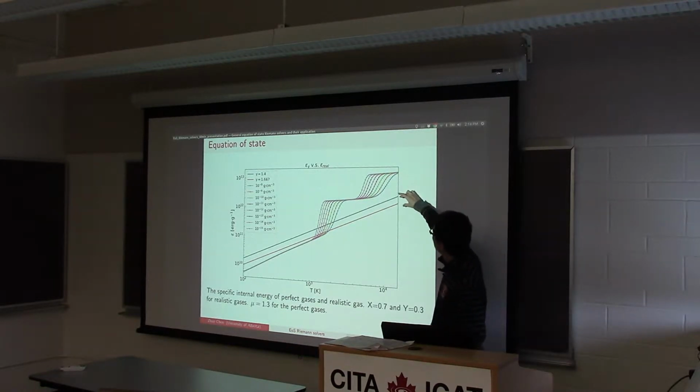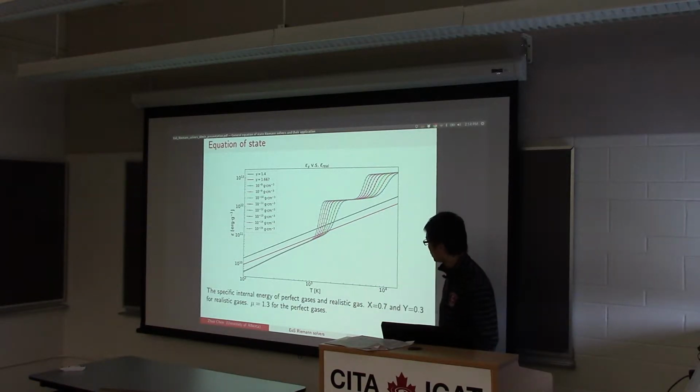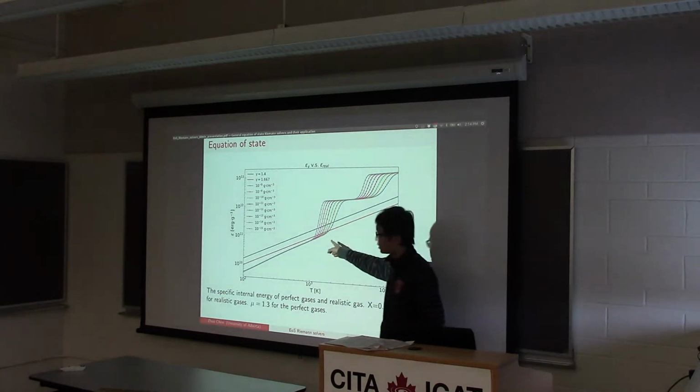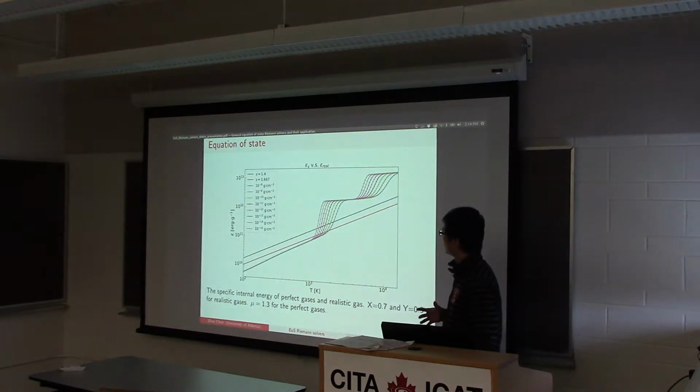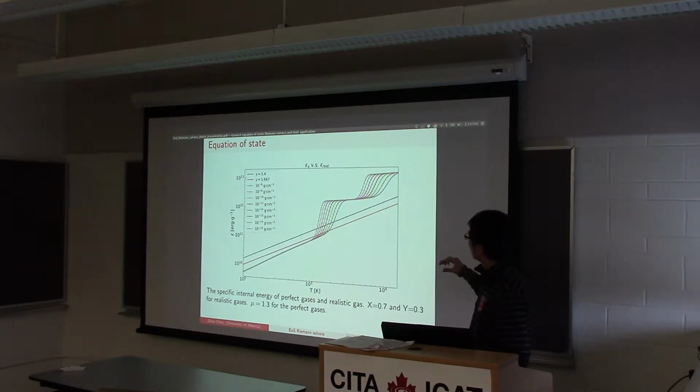And the solid, just the linear relation, shows the gamma law equation of state, specific energy. I assume that the mean atomic weight is 1.3. The first jump there is the dissociation of molecular hydrogen, and the second jump is the ionization.